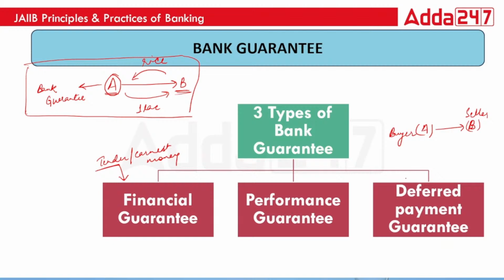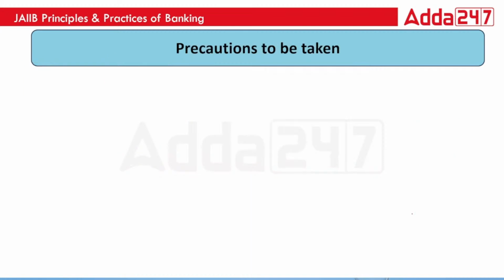So if there is payment in installments, and it is guaranteed by the bank, that is, a bank guarantee is issued for paying these installments, then that is called deferred payment guarantee.